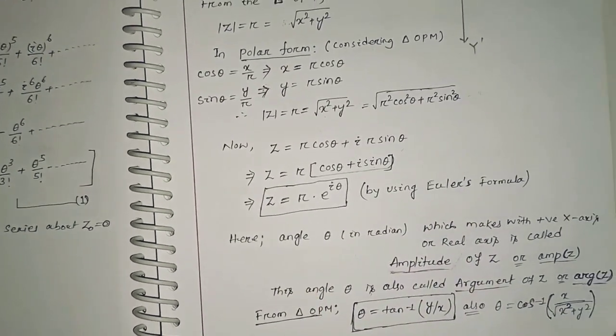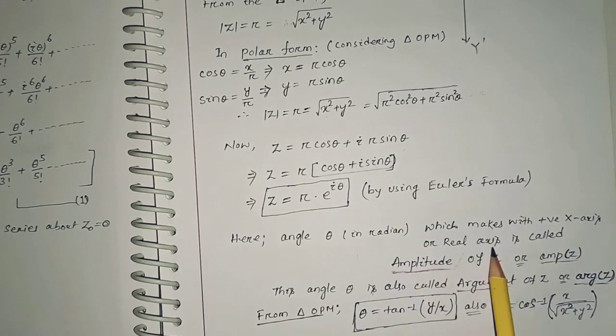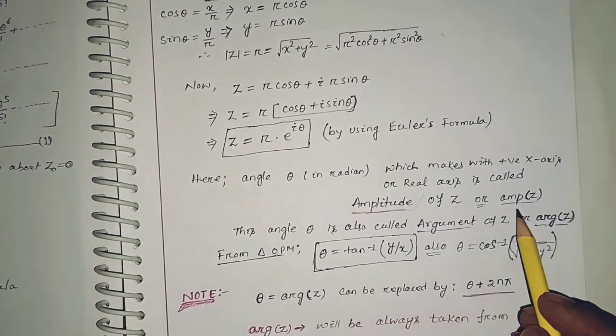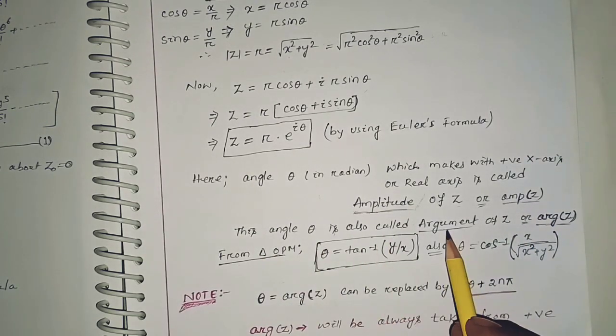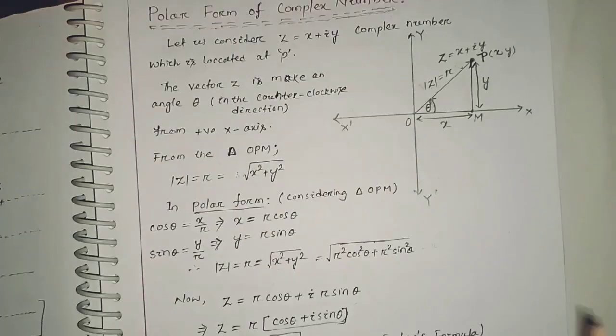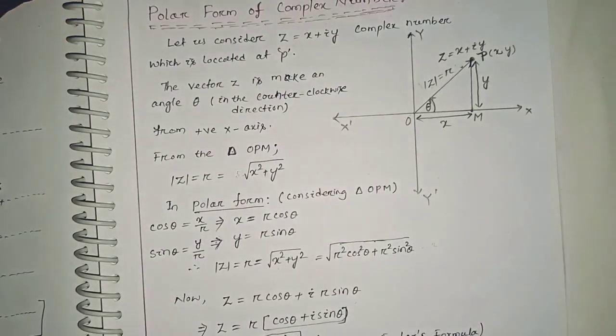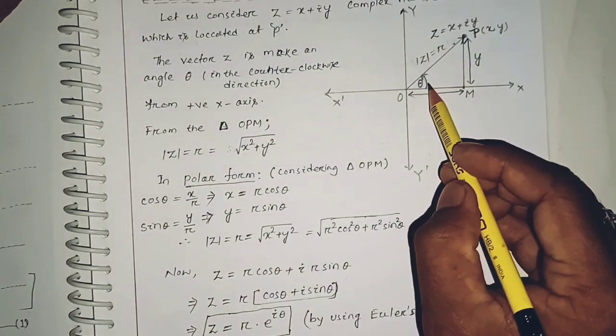Here the angle, considered in radians, which z makes with the positive x-axis or real axis, is called the amplitude. This theta is called the amplitude of z, or in short, amp z. This angle theta is also called the argument of z, or arg z, right? If we consider this triangle, then theta is nothing but tan inverse y by x, since tan theta is y by x.